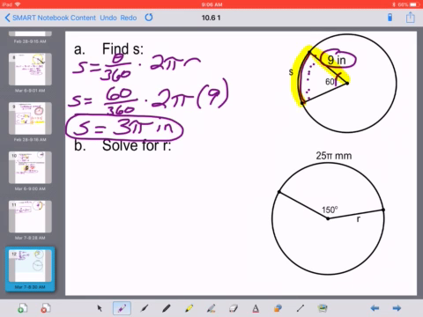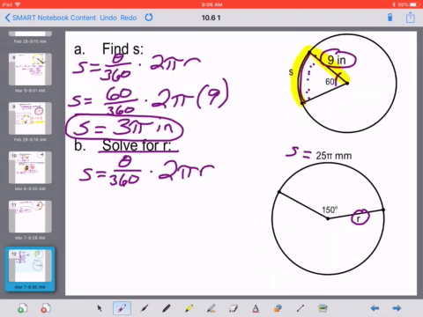If we take a look at B, notice the directions are different. Now we're solving for r, but we were given the length of an arc as 25 pi millimeters. Just like we did 2 slides ago, this one flips things around. So S equals, and again, we're writing our formula: S is equal to theta over 360 times 2 pi r. This is our roadmap for how to get started.